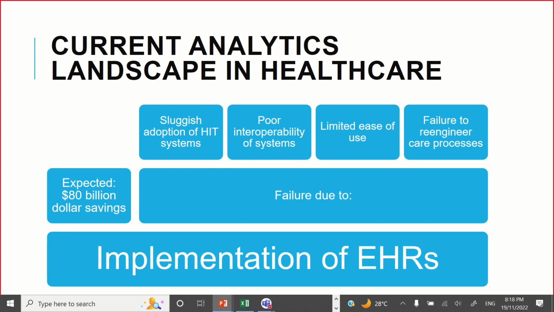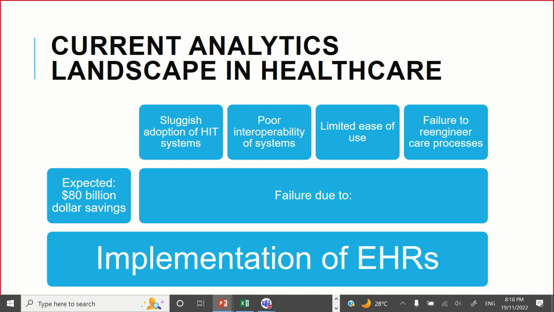So when they calculated the costs and the complications that relate to all of those elements, they approximated the savings to be $80 billion. But unfortunately, the cost of healthcare kept increasing, and this cost saving was never achieved.